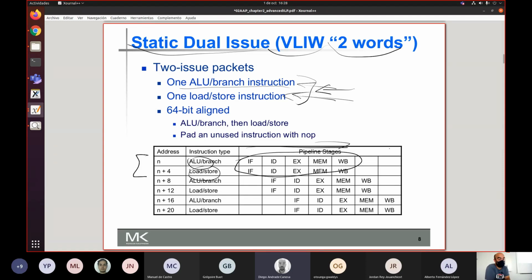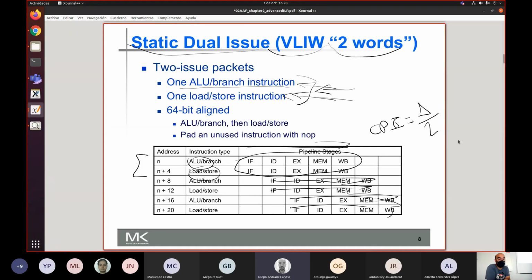Okay, so in this case, theoretically, you can achieve a CPI of 1 divided by 2. Okay, not here in this example, but if this happens ideally for a long period, this is going to be the value to which the CPI is going to tend.